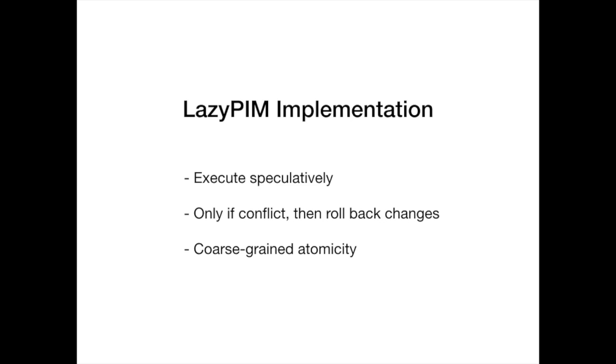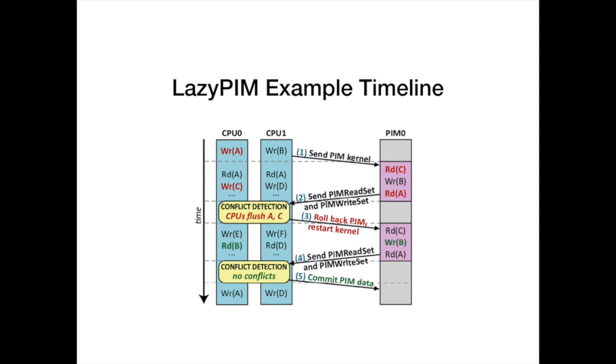It's important to note that LazyPIM provides coarse-grained atomicity, which means that all PIM memory updates are treated as if they all occurred at the same moment that a PIM kernel finishes execution. So that means for every cache line read by a PIM, if a CPU modifies that line before the coherence check occurs, then the PIM would unknowingly use stale data, which would be incorrect.